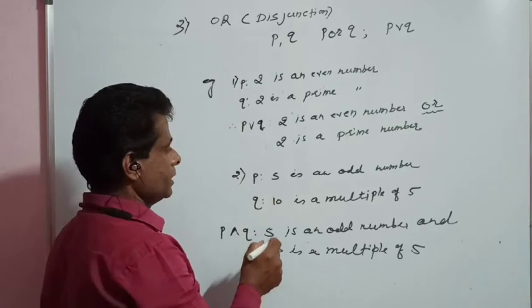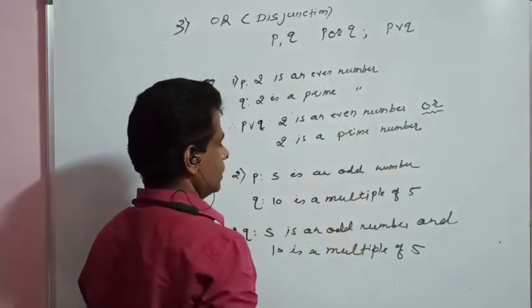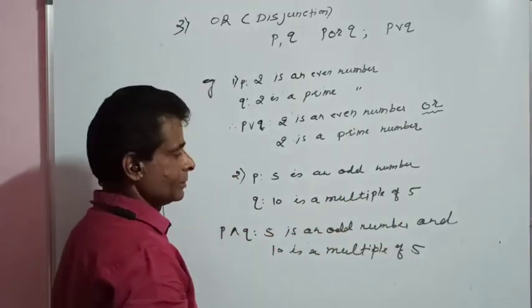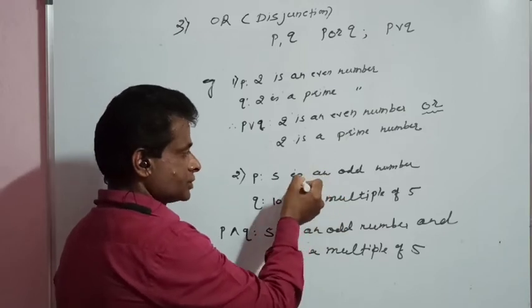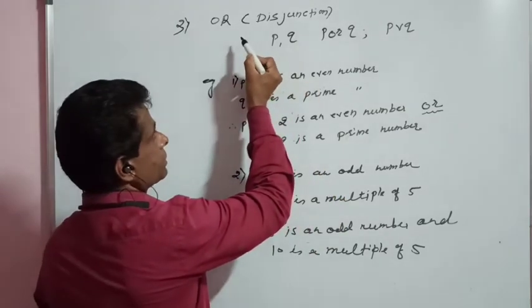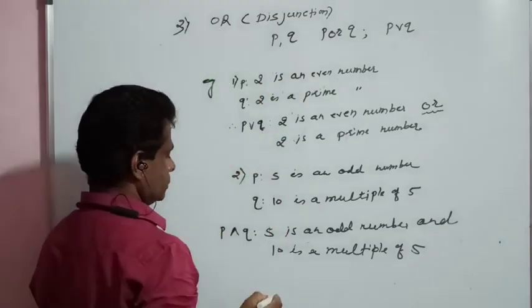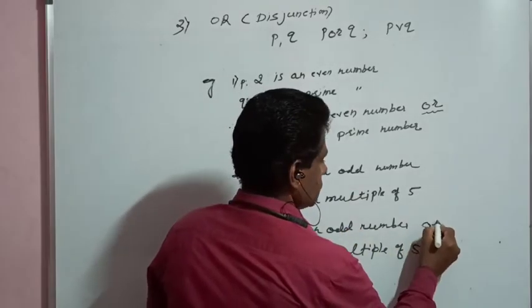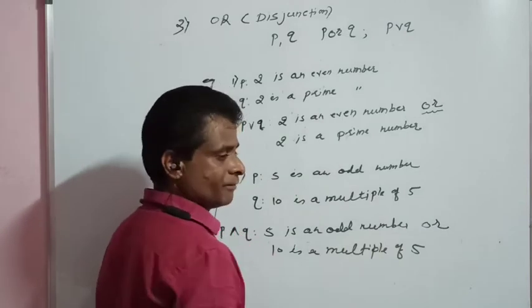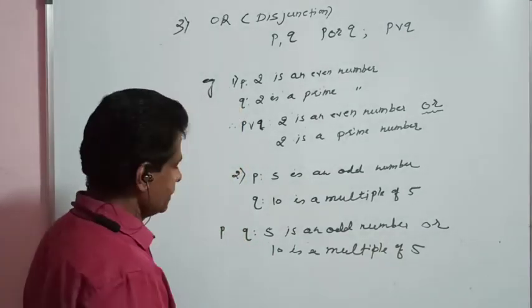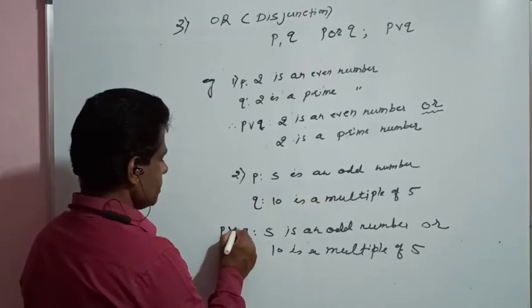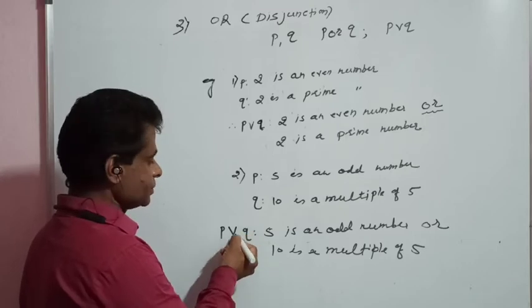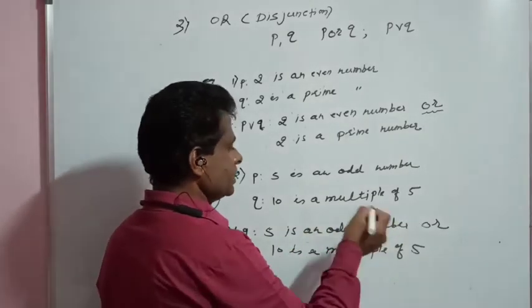Take one more example. P: 5 is an odd number. Statement Q: 10 is a multiple of 5. So combine these two statements by using the connective OR. So 5 is an odd number or 10 is a multiple of 5. Symbolically denoted by P or Q, or you can say that P disjunction Q.